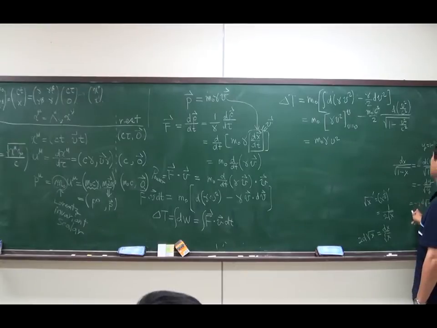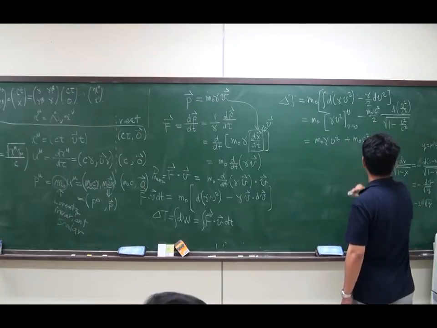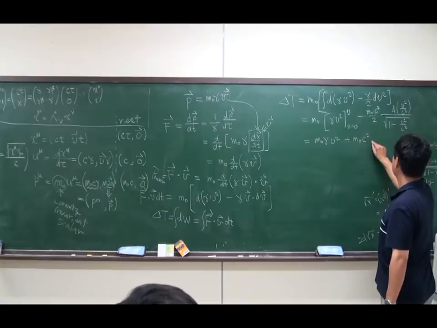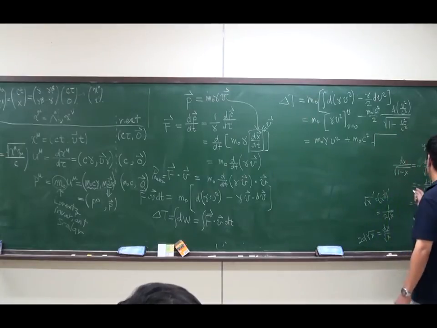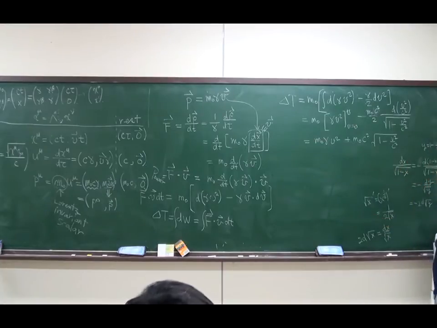Okay, minus 1. Minus 2 makes this one to be m0 c squared. Minus becomes plus and 2 disappears, and square root of y. Y is 1 minus v squared over c squared. Alright?